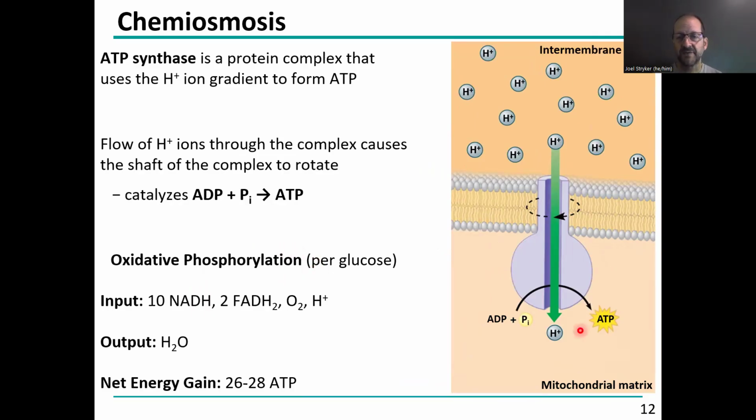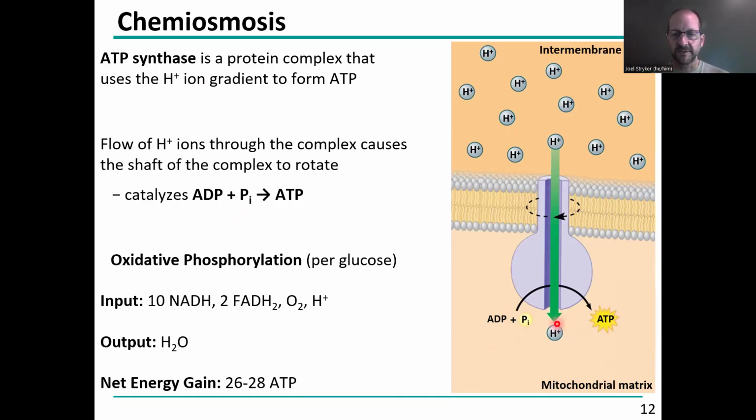This happens at the other part of this, which is the enzyme named ATP synthase, which literally just means an enzyme that synthesizes ATP. And it's actually a whole protein complex that is going to turn ADP, adenosine diphosphate, with a phosphate group that's just floating around.